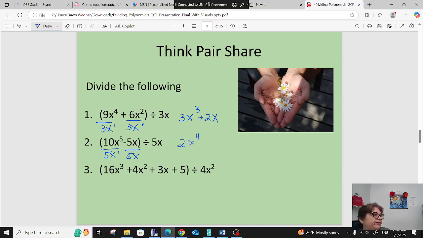Anytime you have a variable or numbers or a combination, and it's the exact same thing in the numerator and the denominator, that's just 1. This should have been a minus 1. Some people were putting minus x, but x over x is just a 1. Yes.